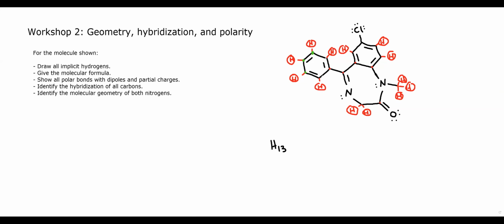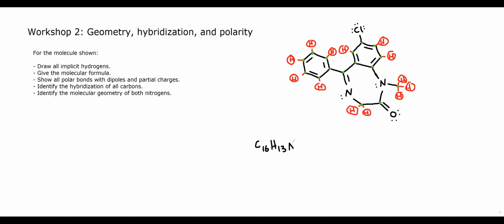So we have a 6-membered ring here, and we have another 6-membered ring over here. Then we have this carbon connecting the two. So there's 6, 12, 13, 14, 15, 16. Okay, so we have C16, H13.